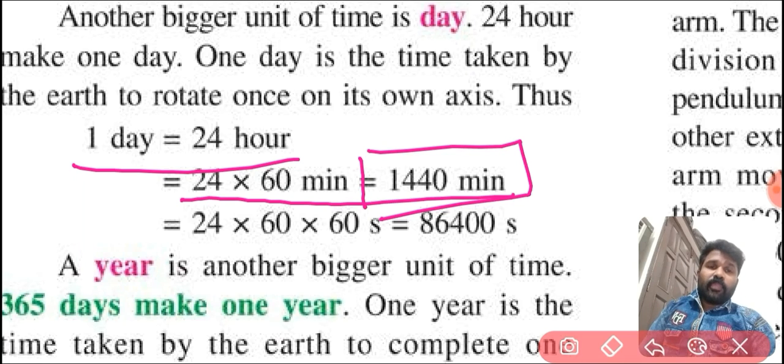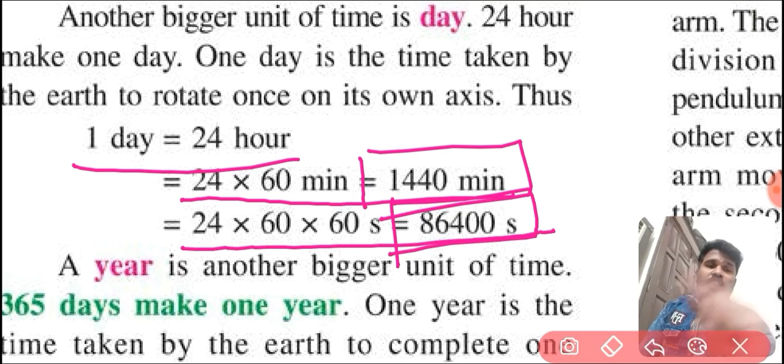Then how many seconds? That is 24 into 60 into 60 seconds, equal to 86,400 seconds. Okay students, one day is equal to 1440 minutes and one day is equal to 86,400 seconds.